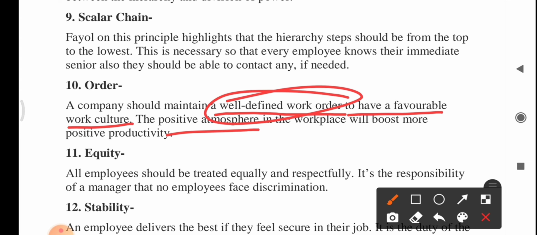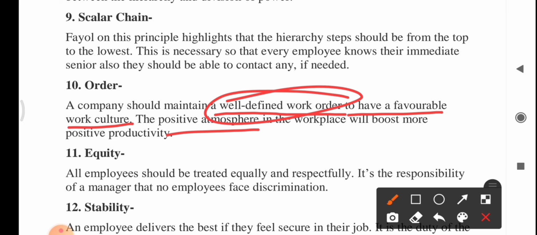Just take an example: if early in the morning you have a war of words with a family member or colleague, your whole day is going to be ruined. That is not a positive atmosphere, and you may not be able to concentrate on your work. So a well-defined work order is very much needed.